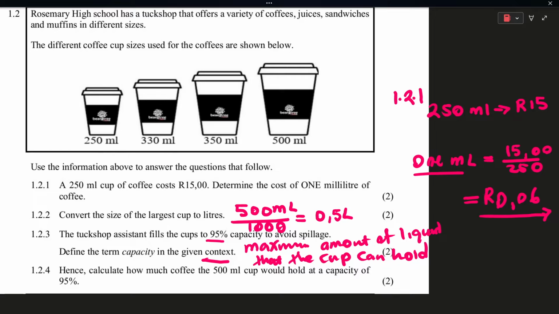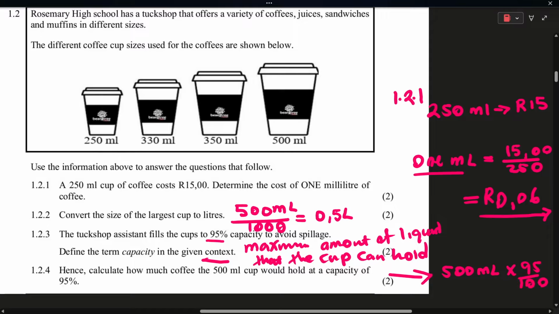Now, hence, we're going to use the previous one. Hence, calculate how much coffee the 500 milliliter cup will hold at that capacity of 95%. So meaning we're going to get the 95% of that. So how do we do it, guys? We just come here and say 500 milliliters multiplied by 95%, which is 95 over 100.